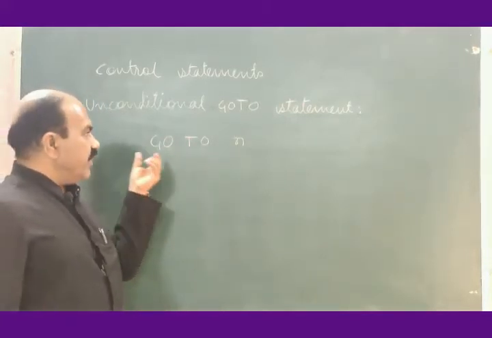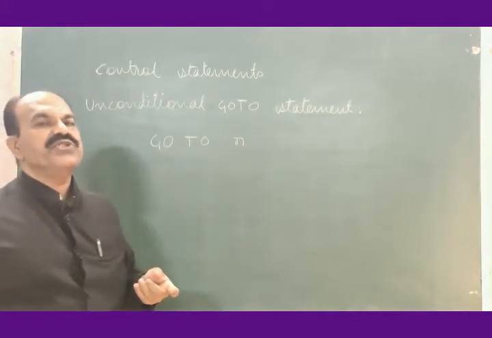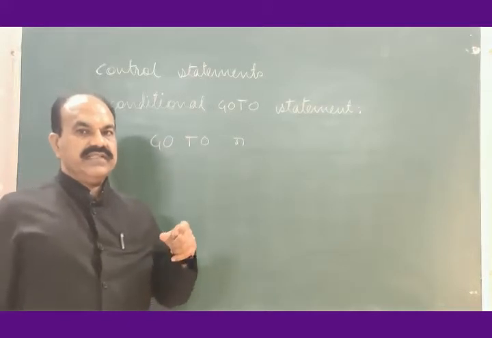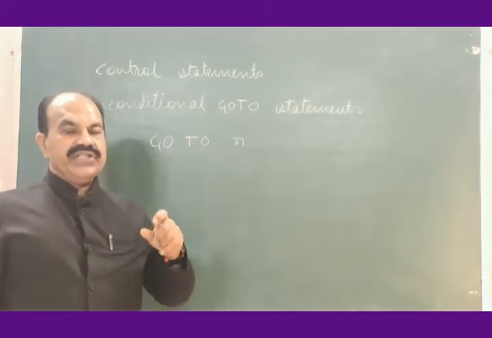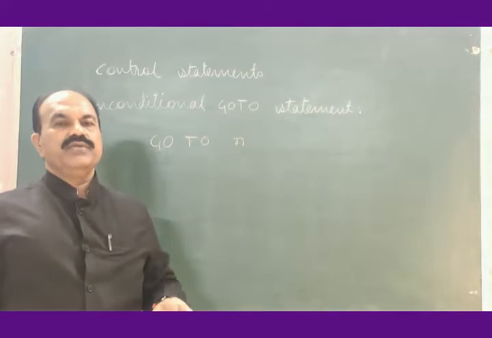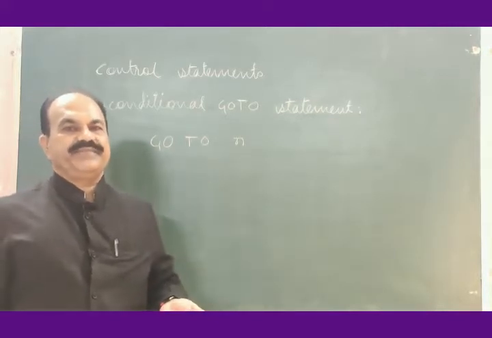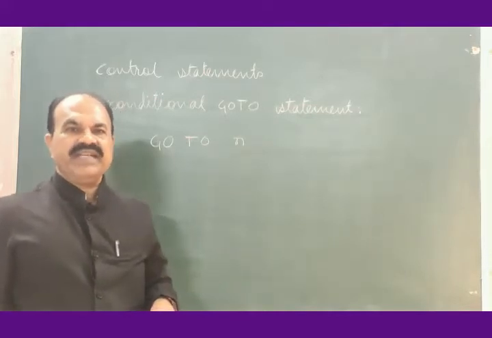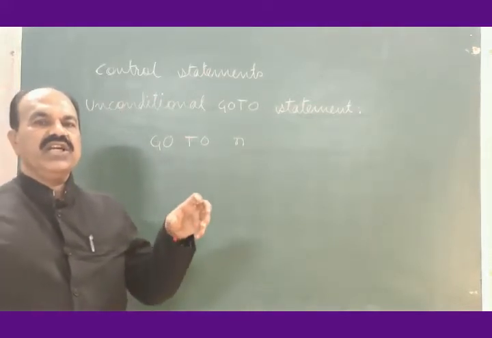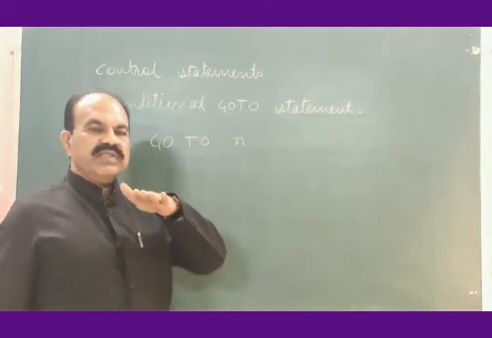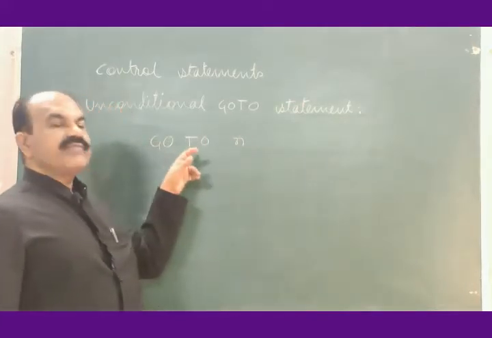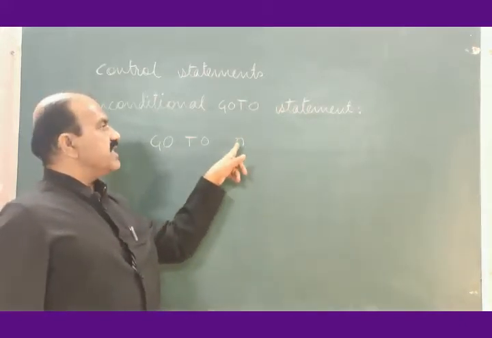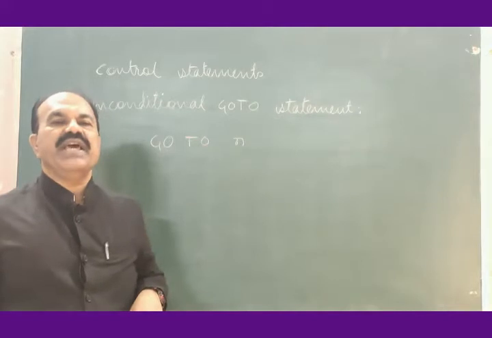Now, for what purpose is this statement used in Fortran? When the control is to be sent to some other statement, the go-to statement is used. The go-to statement sends the control from the current statement to any other statement whose statement number is n.